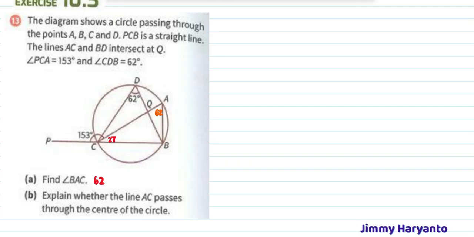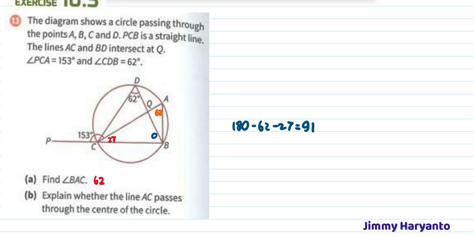And then I want to find this one first. So 180, using the triangle, 180 minus 62 minus 27 equals 91.